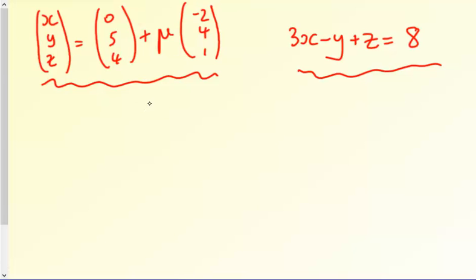So what we're going to try and do is find which value of mu will make the x coordinate and y coordinate and z coordinate the same for them both. So x is equal to -2 mu, y is equal to 5 plus 4 mu, and z is equal to 4 plus mu.